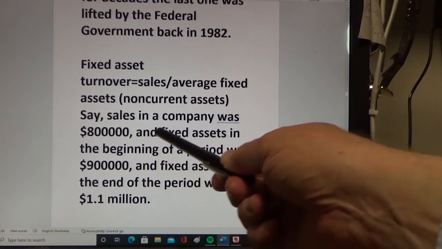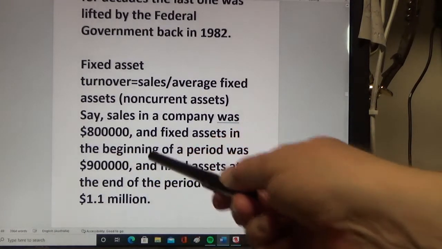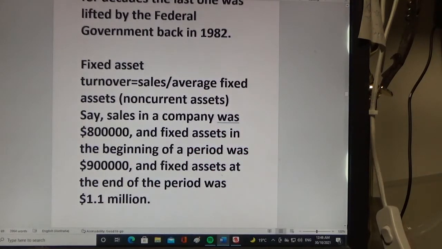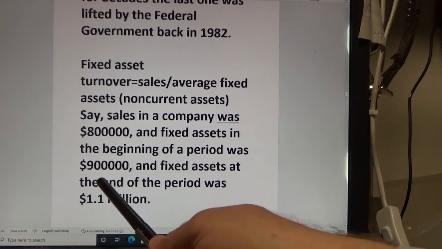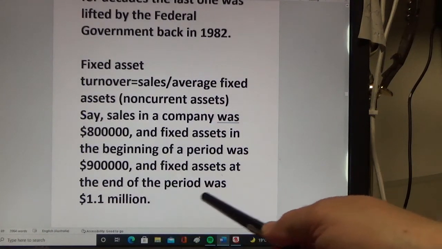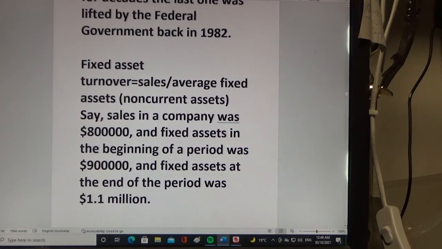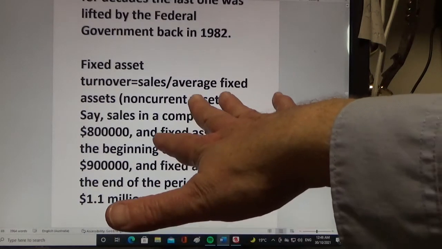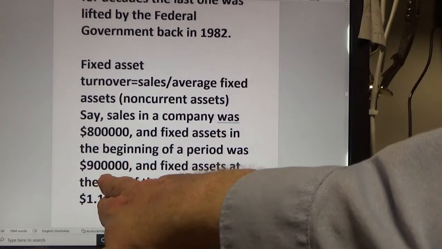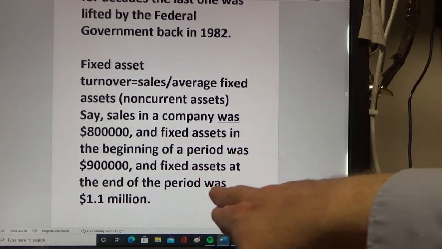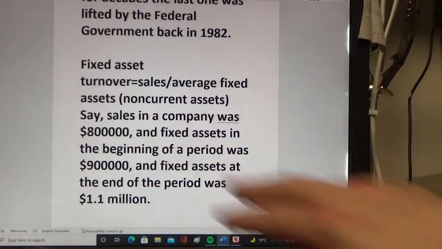Say sales in a company was 800,000 and fixed assets at the beginning of the period was 900,000, and fixed assets at the end of the period was 1.1 million. And you're always using the same period if you're comparing two companies. So you've got to find the average of opening fixed assets and closing fixed assets, your non-current assets.